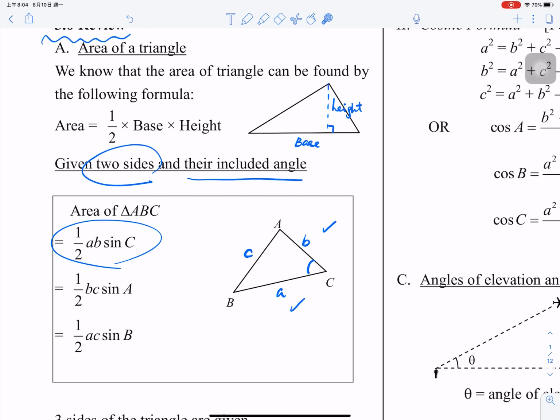If you don't know this one, but you know angle A, then 1/2 bc sine A, you can also find it. Same if you know angle B, then a and c and the included angle B. So 1/2 ac sine B can also help you find the area of the triangle. Okay?